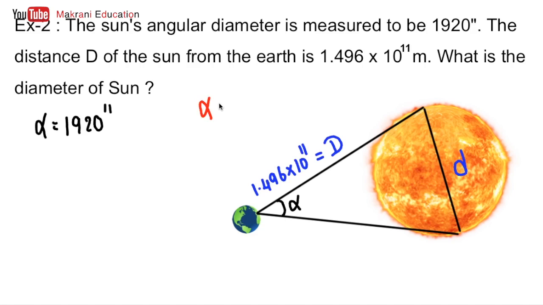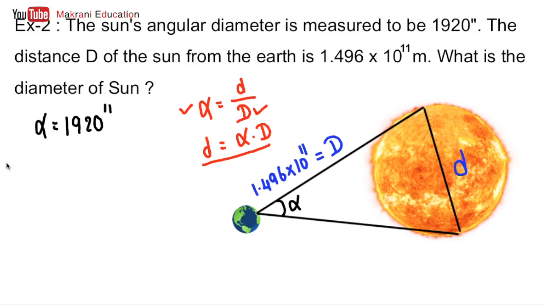Previously we took theta equal to arc over radius, that is d over D. Now we have alpha and capital D, and we need to find small d, which is equal to alpha into capital D. This formula we will be using. But as I have told you previously, we need to convert everything into SI unit, and here the angle is not in SI unit, so we first need to convert it.